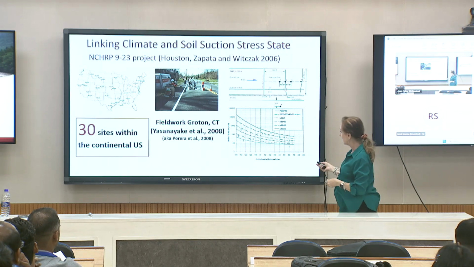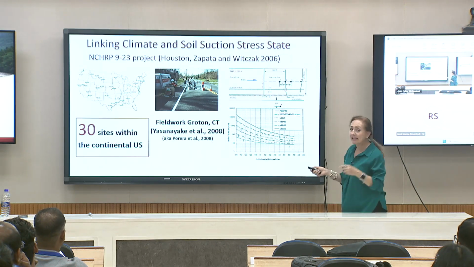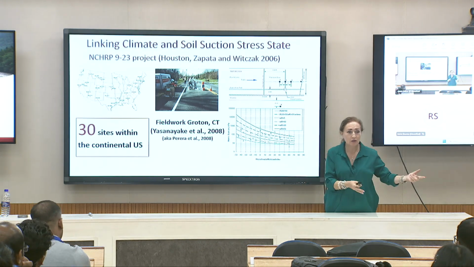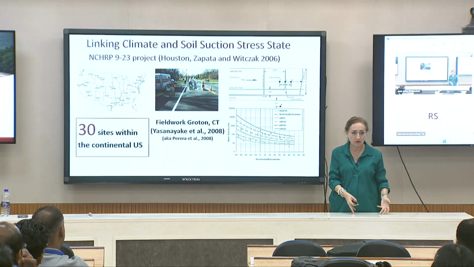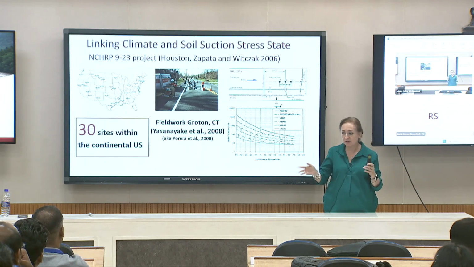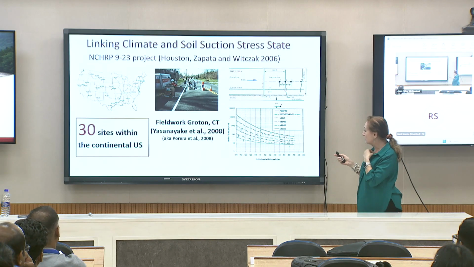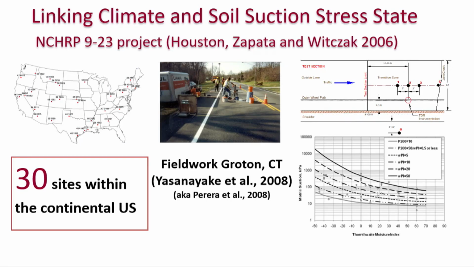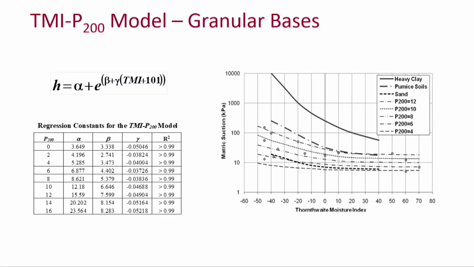That was Pereira's thesis, and that's how we relate the soil properties to the TMI and the suction of the soil. It's a little bit different because of the suction, but it's not the soil type, it's the environment that will change the property of the soil. We did very nice work in there.